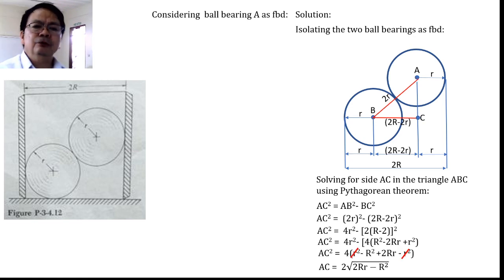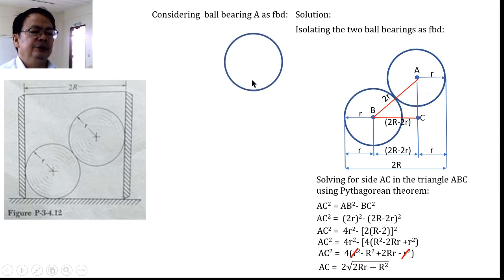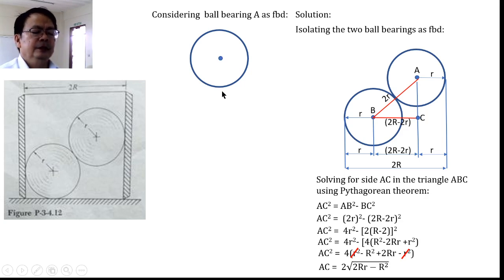Now, to solve for the value of the force acting at the cylinder caused by the ball bearing at this point, then what we do is to try to isolate natin yung ball bearing A as FBD. Ihiwalay natin itong ball bearing na yan at dalhin natin dito sa side na ito. Ba? So, tingnan natin this ball bearing has a weight now given as small w.